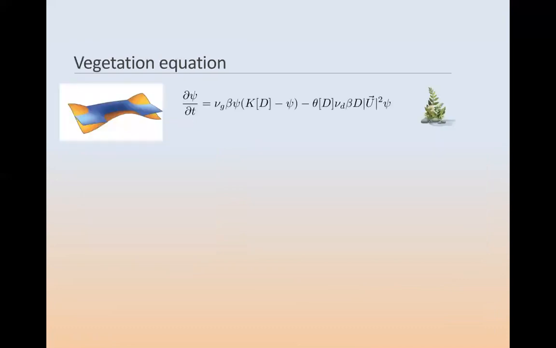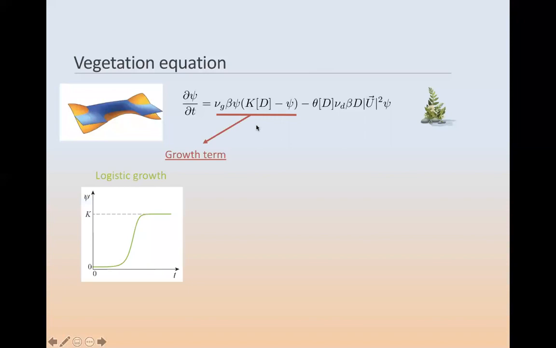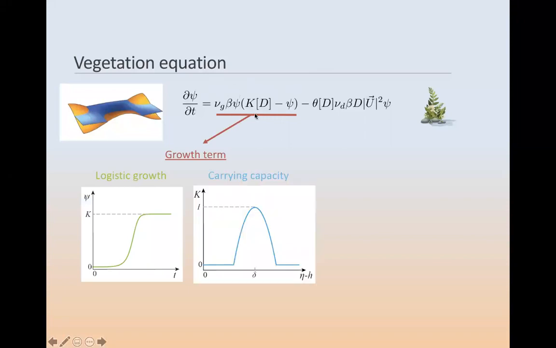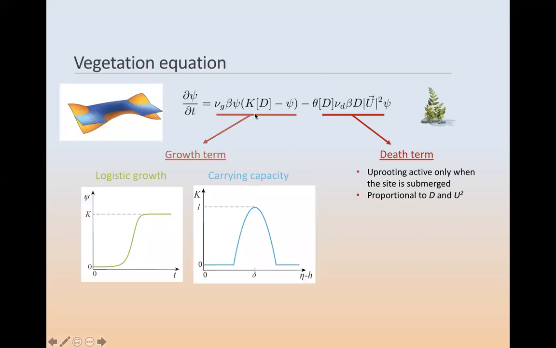Anyway, this is the starting point. We adjoined an equation for the vegetation evolution that is basically a logistic growth. It's composed of the logistic growth with a carrying capacity plus a depth term.